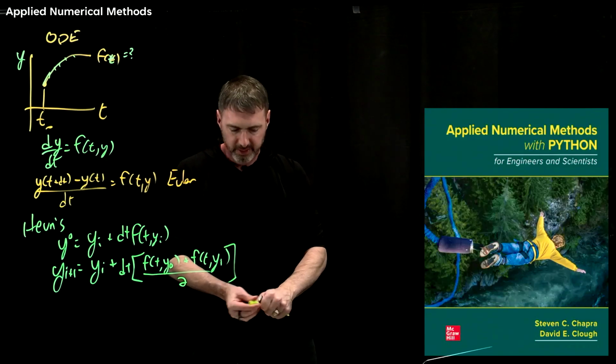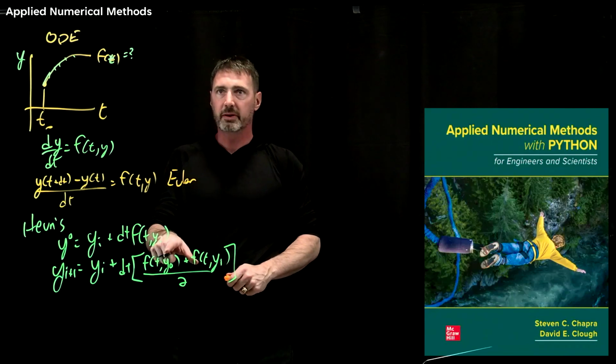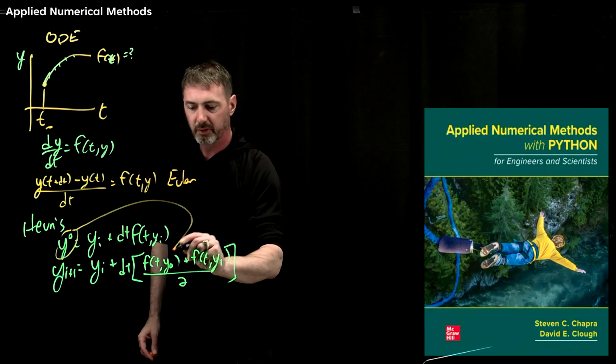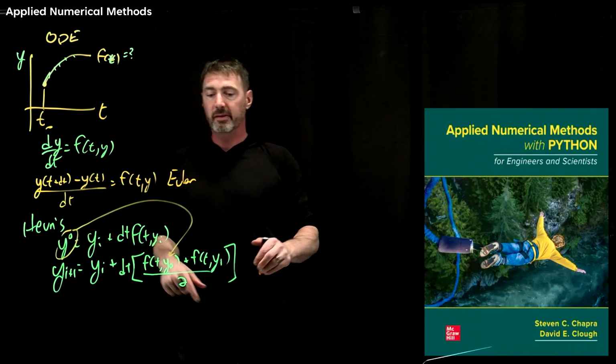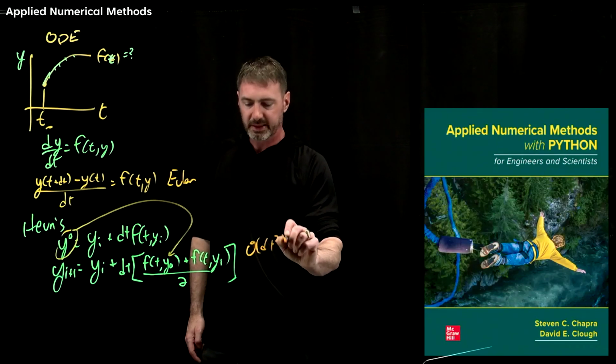You use the function to estimate y0, then take that y0 and reevaluate the function, and you average the two. Now this is second order accurate, so this will drive error like dt squared.